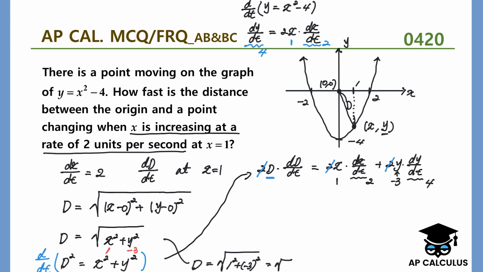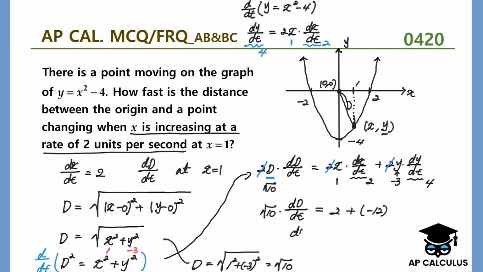That's the square root of 10, right? Okay, now let's simplify this. Square root of 10 dD over dt is equal to 1 times 2, that's 2, plus negative 3 times 4, that's minus 12. So that's negative 10, right?